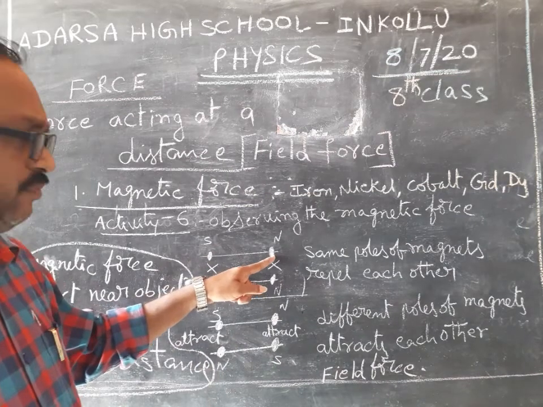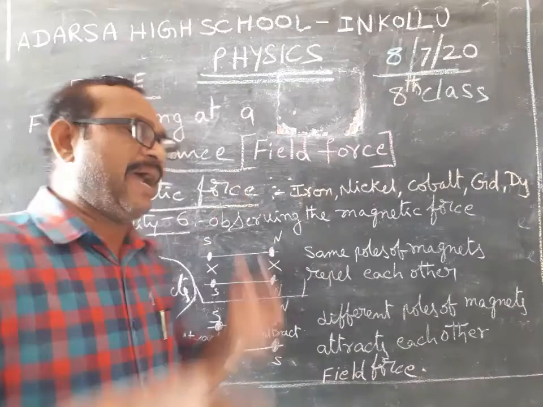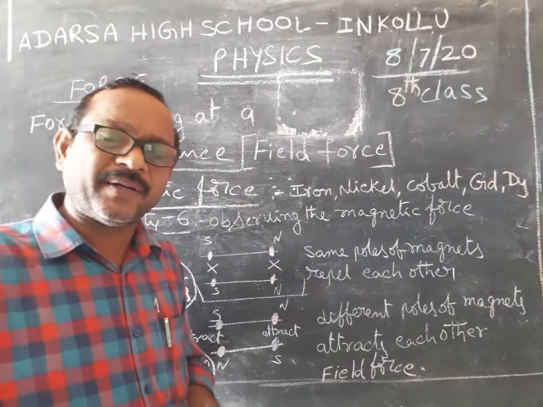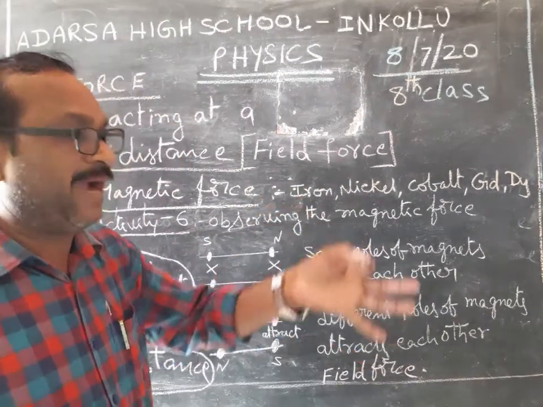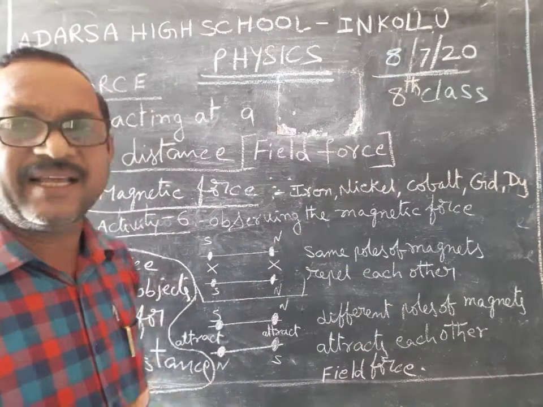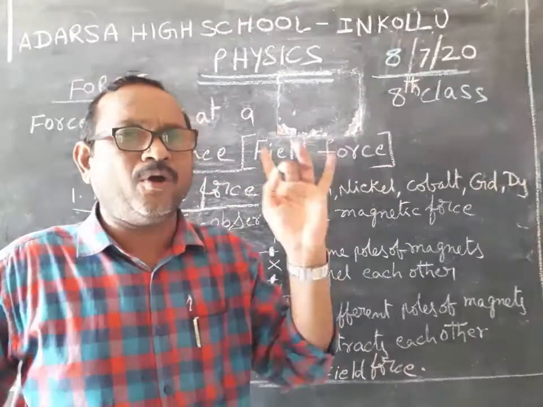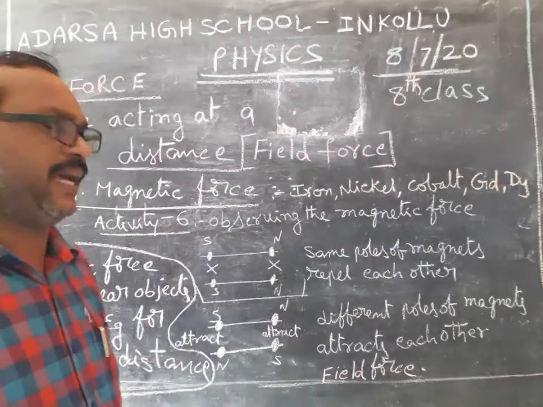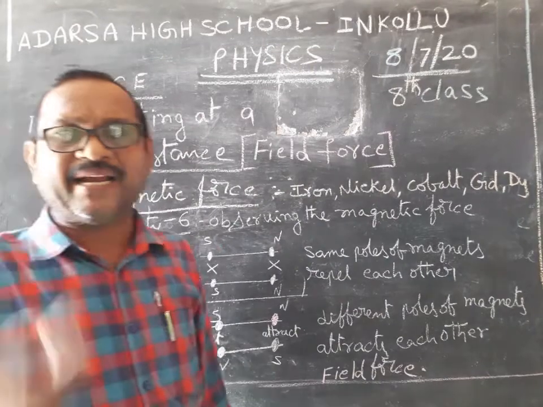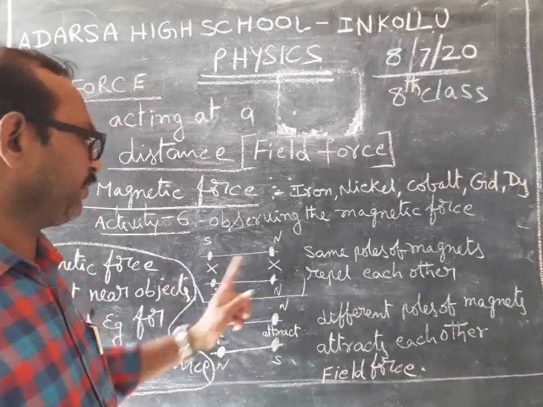And one pole. How can you identify the pole? By the directional property of magnets. What is the directional property of magnets? When a magnet is suspended freely or kept on water freely, it comes to rest showing the North Pole and South Pole of the Earth. So that's why we can identify the North Pole and South Pole of the needles.